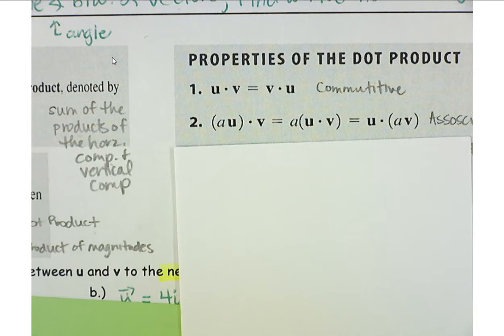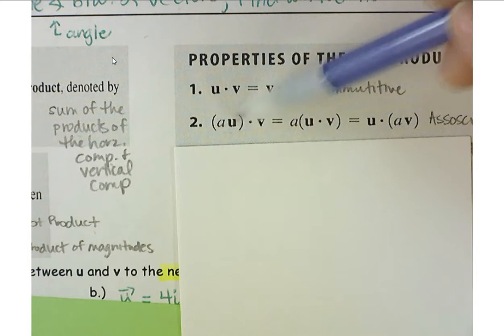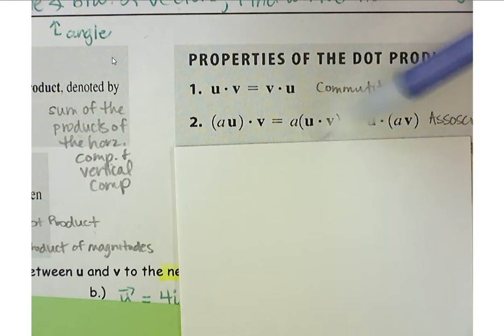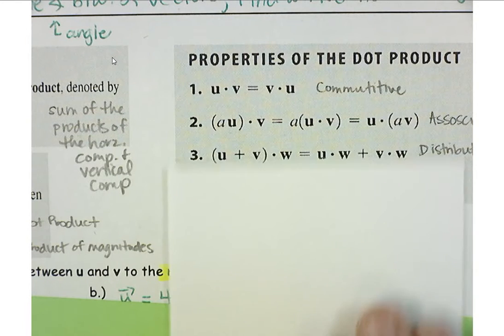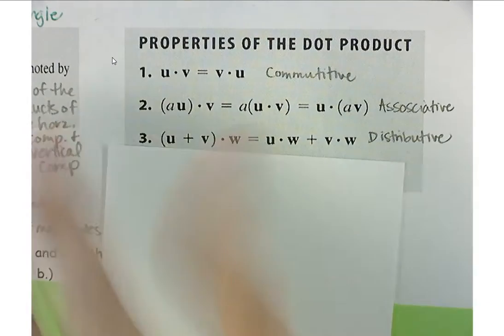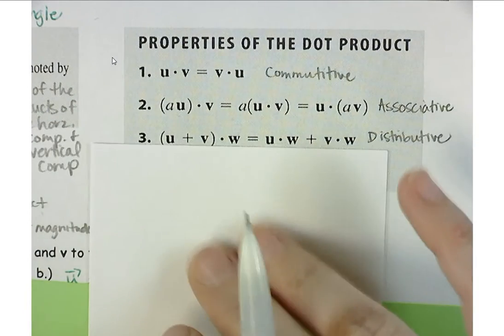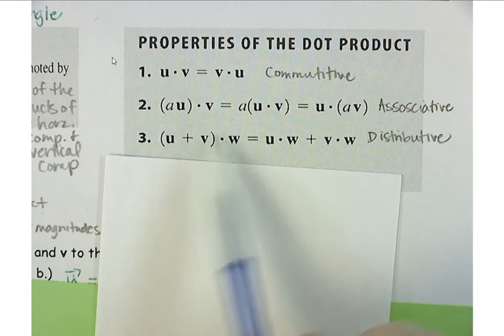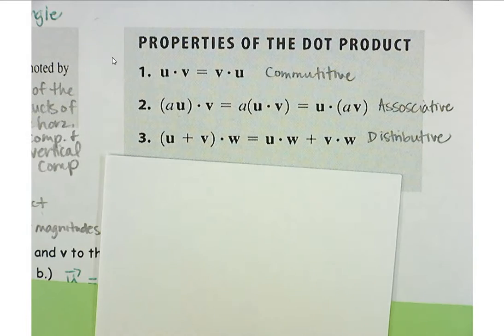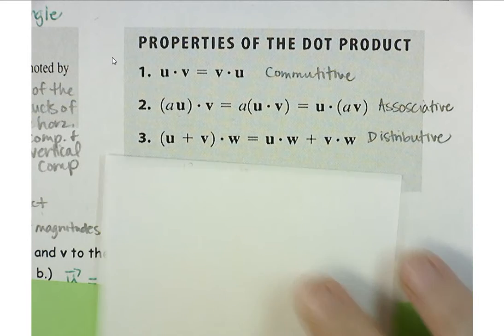So if you had a scalar multiple a, it doesn't matter if you do the a times the u and then do the dot product with v, or if you do the dot product first and then multiply by the scalar, or if you multiply the scalar by v and then do the dot product with u. So it is associative. And then the last one is distributive. Okay, so you could distribute the w to both the u and the v, and then you would do the addition of those two dot products.